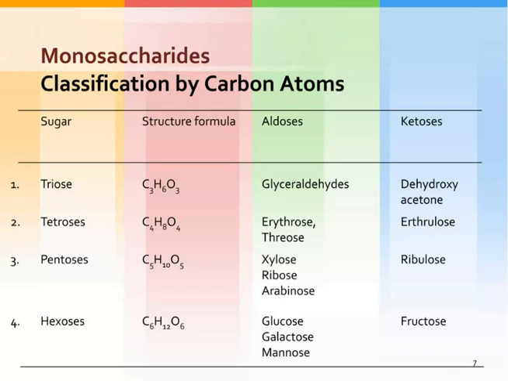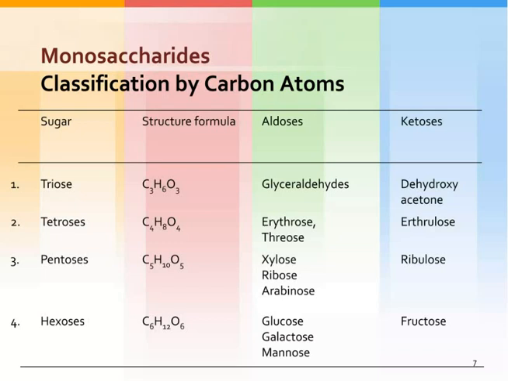Pentose is 5 carbon. Hexose is 6 carbon. Structural formulas C3H6O3, C4H8O4, C5H10O5, C6H12O6. Example: triose, glyceraldehyde. Tetroses, erythrose and threose. Pentoses, xylose, ribose, arabinose. Hexoses, glucose, galactose and mannose.